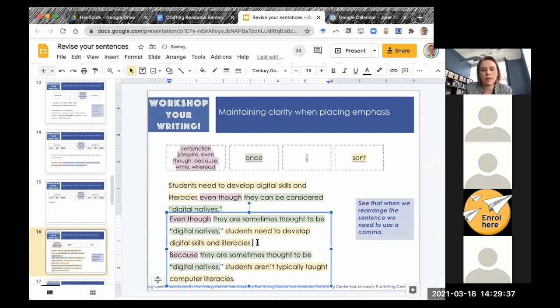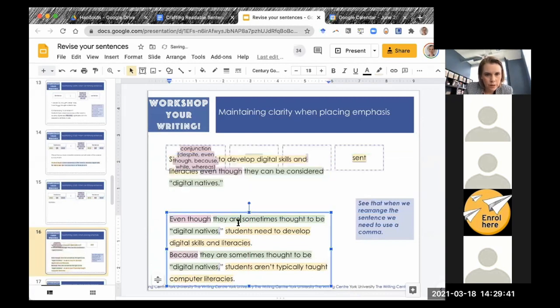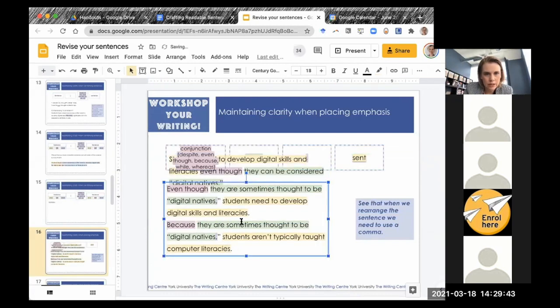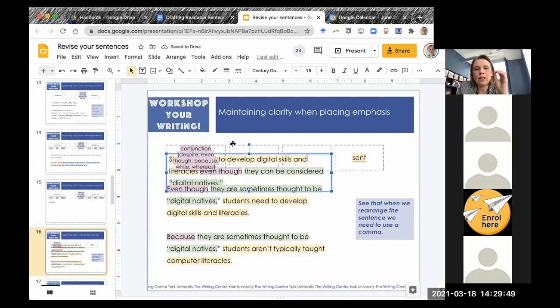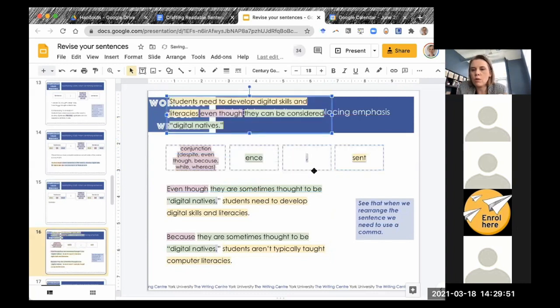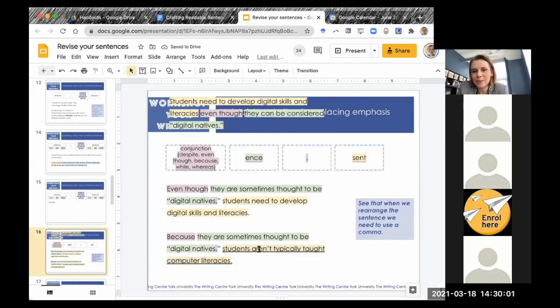Okay, just to make the context make sense here, I'll just give this some breathing space so that we can see it. So because is one of these subordinating conjunctions, and the reason why people are often told that they can't use it at the beginning of a sentence is because they typically forget to include this half of the sentence.